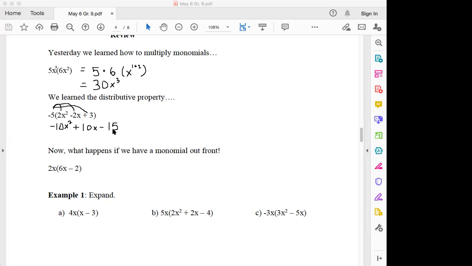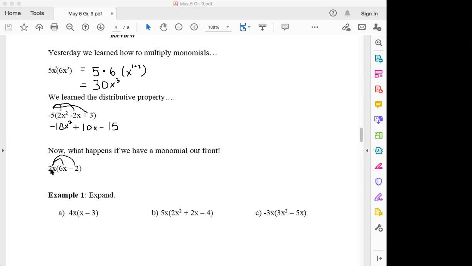So now they're asking us what we would do if we had a monomial in front of our larger bracket here. Like say if we had 2x times (6x minus 2). In that case, you would do the same thing that we did with the distributive property, and you would multiply both inside.